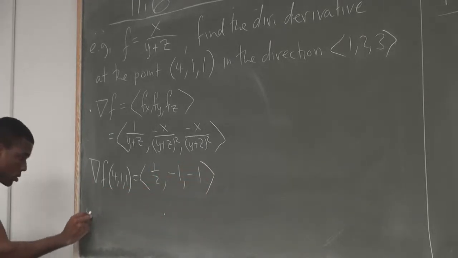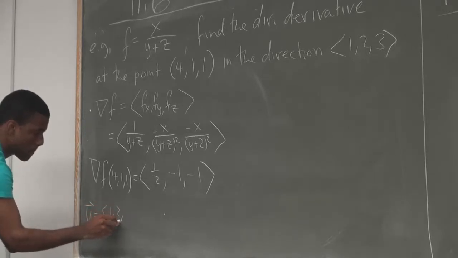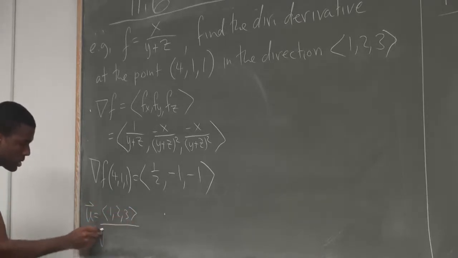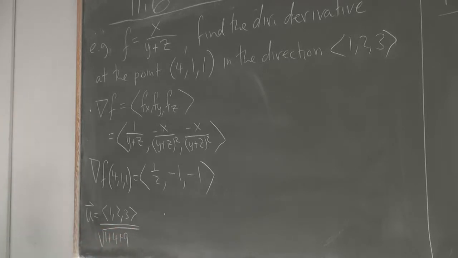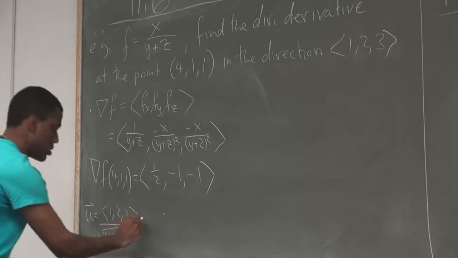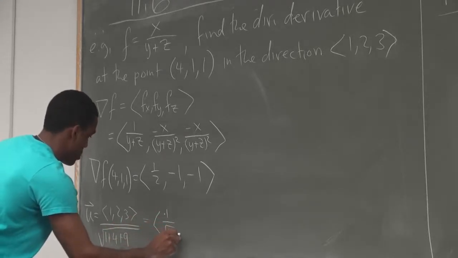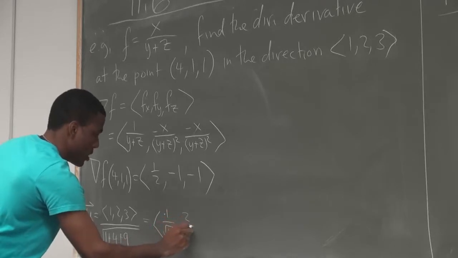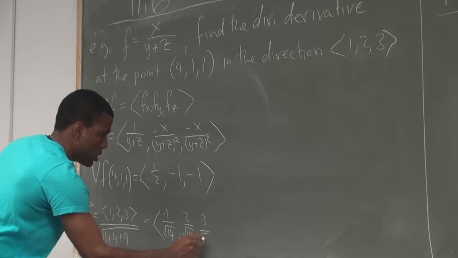Now your u is going to be that vector divided by its magnitude. So that's just 1 over radical 14, 2 over radical 14, 3 over radical 14.